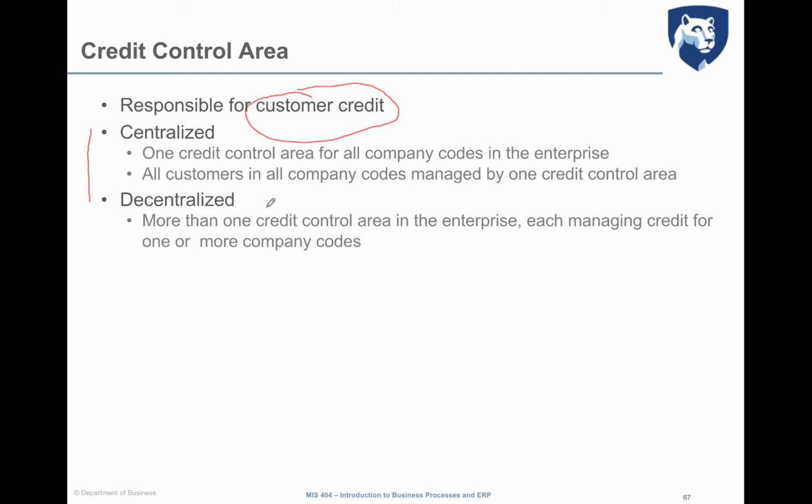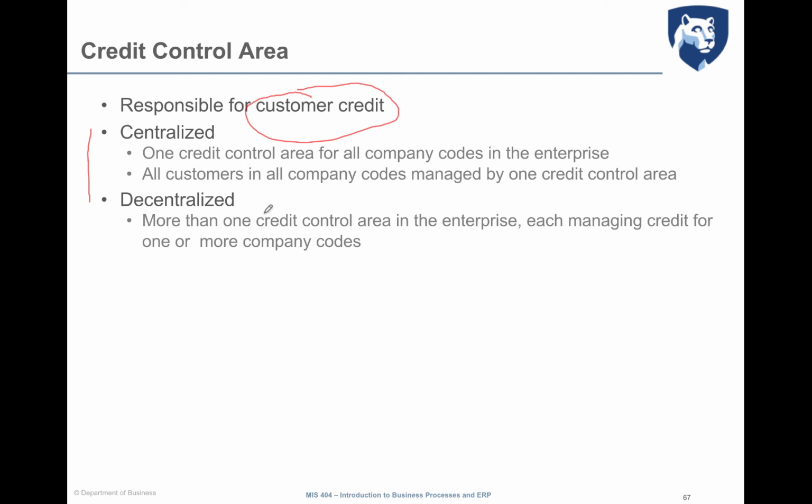The decentralized approach instead, for example, puts one credit control office in each company, and each one targets the credit worthiness verification for the customers that each company code is addressing.